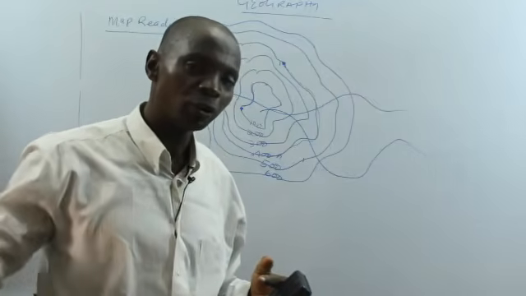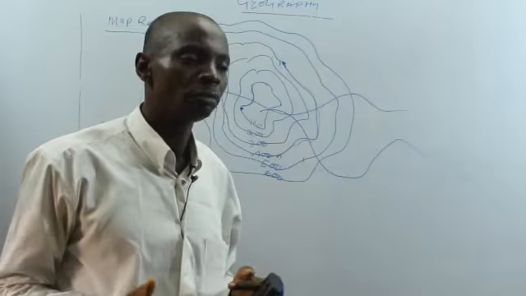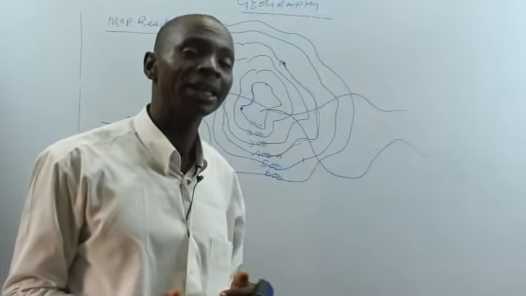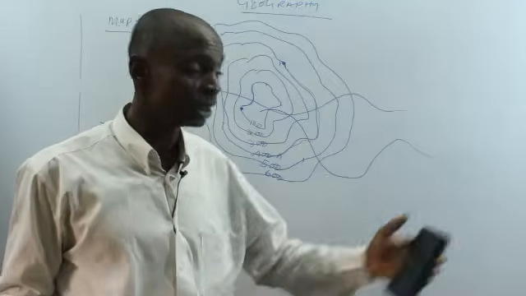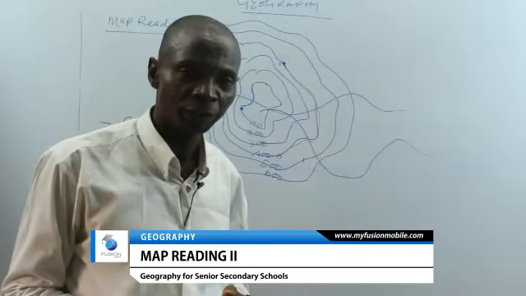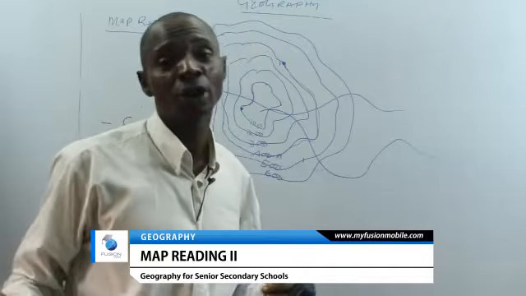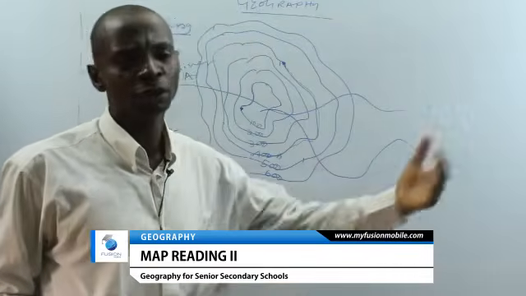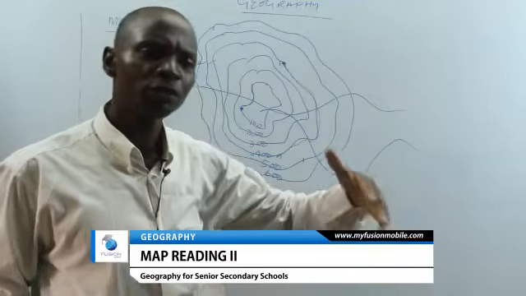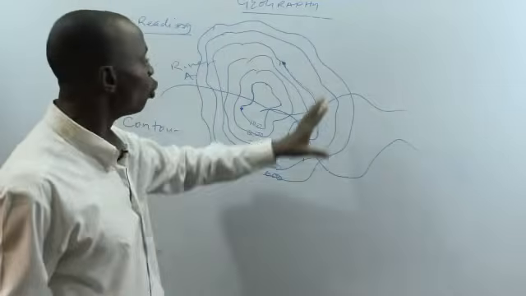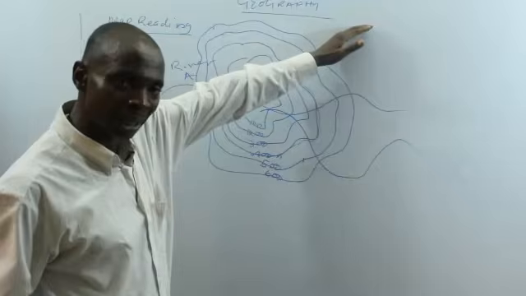River Benue originated from Cameroon Mountain. We talk about River Niger. River Niger originated from the Republic of Guinea, that is Futa Jallon Mountain. If you talk about River Donga, River Donga in Taraba State originated from the North Central Highland. If you talk about River Kaduna, the same thing. So any river you see originates from an upland.